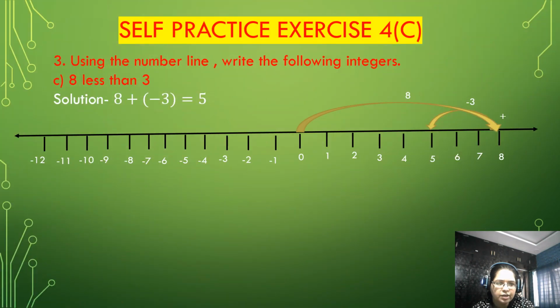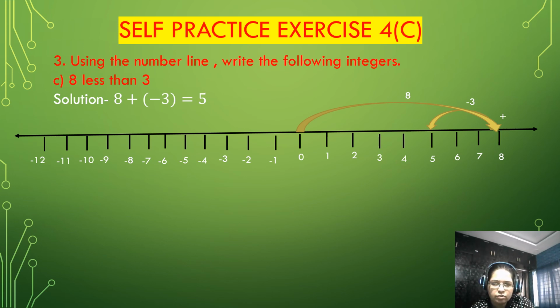Now third part C, 8 less than 3. 8 is a positive integer, so starting from 0 the number goes 8 places. So now the number is at 8. Distance from 0 to 8 is 8. Now from number 8, 8 less than 3: starting from 8 the number goes to the left hand side with 3 places, minus 3.